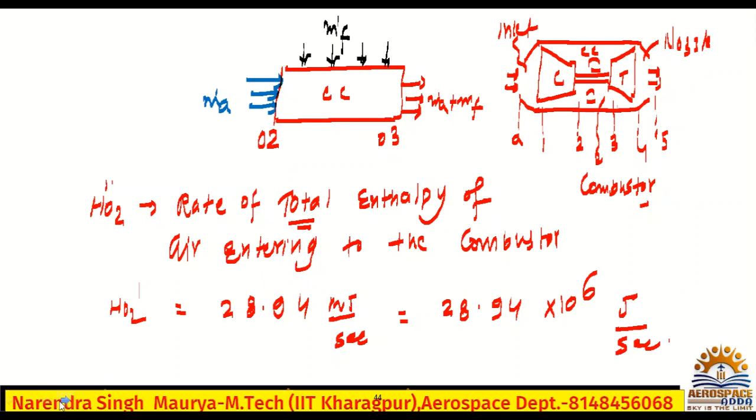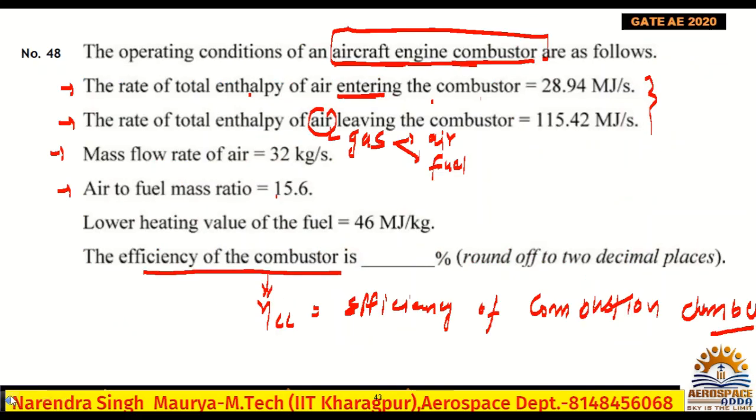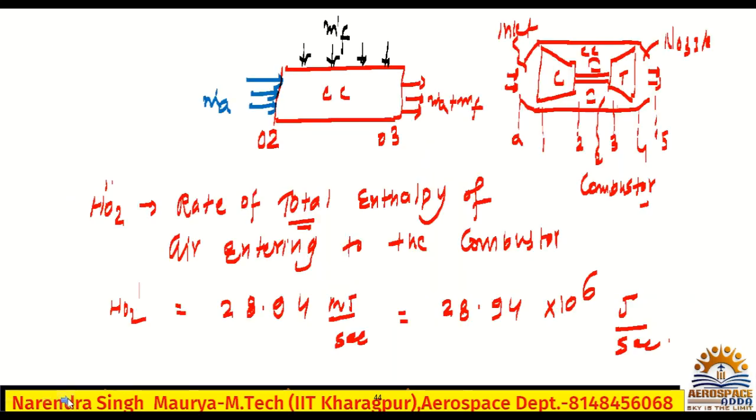Similarly, the next quantity they have given is the rate of total enthalpy of gas leaving the combustor. So I must write H, station not 3, with a dash because it is per unit time. It is capital H because it is total enthalpy.